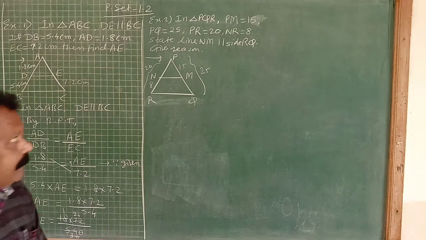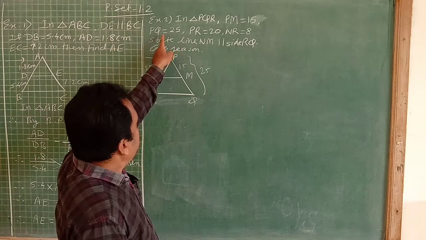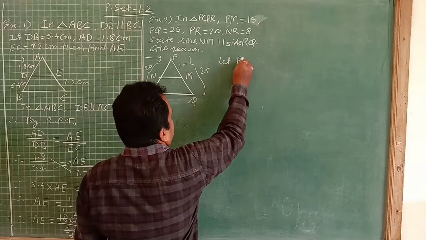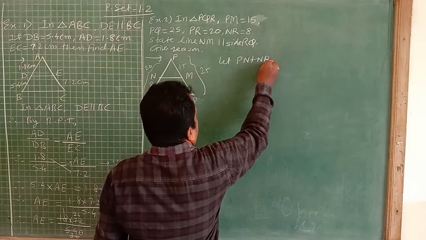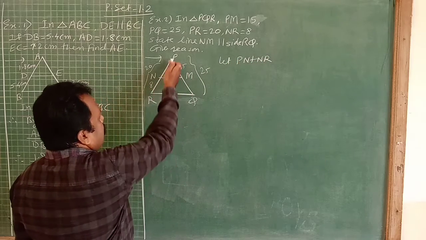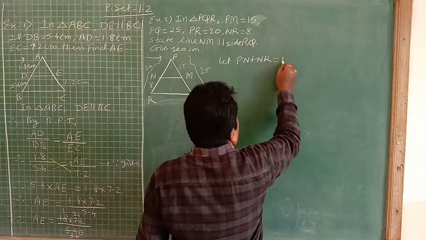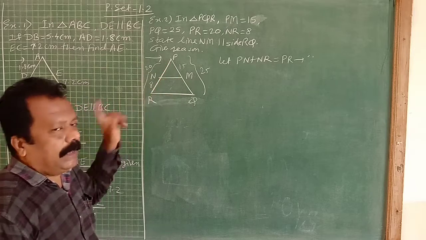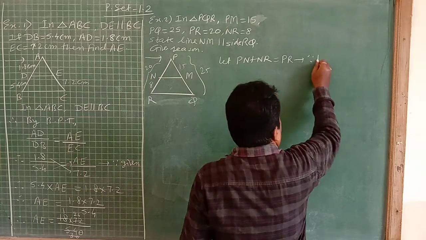By using this figure, first we find PN plus NR. PN plus NR is equal to PR. What is the reason? P-N-R, means P and R are collinear.